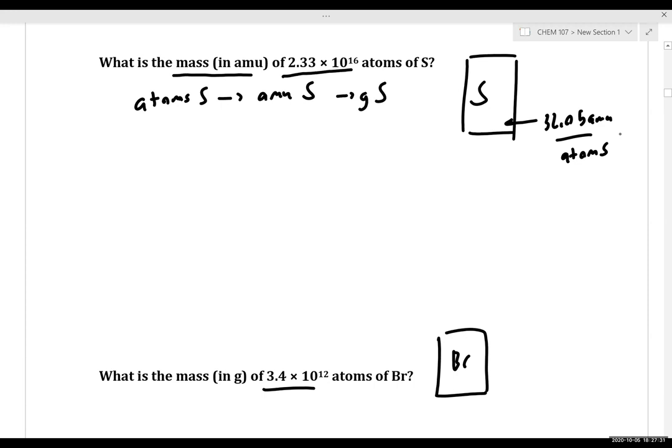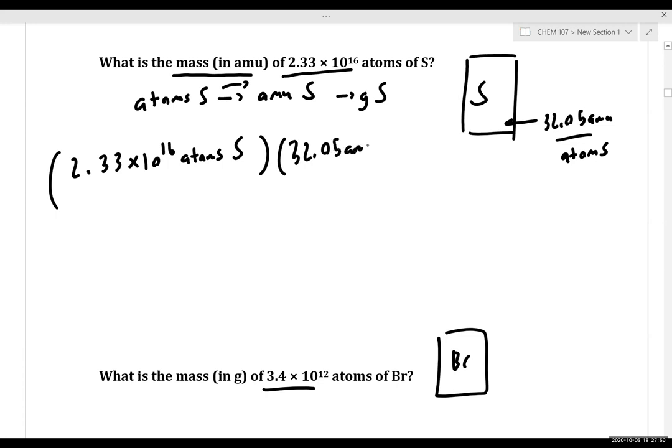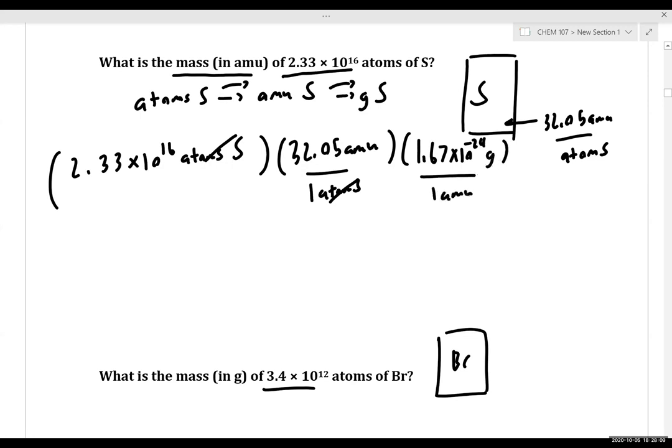Okay, perfect. So then to go from atoms of sulfur to AMU, we're going to take our initial number of atoms. And since we're going from atoms to AMU, AMU goes on top. So we have 32.05 AMU per 1 atom of sulfur. Atoms cancel. And then to go from AMUs to grams, we know we have 1.67 times 10 to the negative 24th grams per 1 AMU.